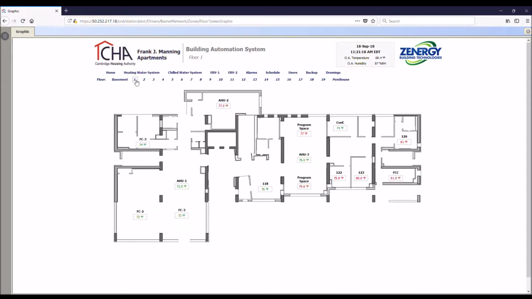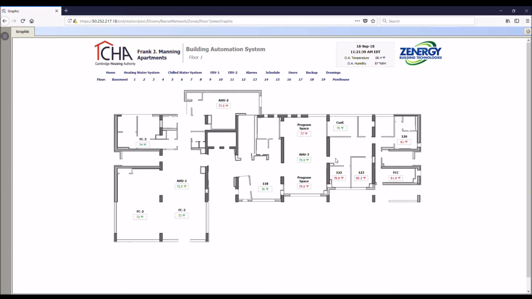On the first floor, it's just common area space, the office and kind of kitchen area here. Most of these aren't those AppStats, so we've moved away from those. There's only actually a few zones here that are controlled off that AppStat.